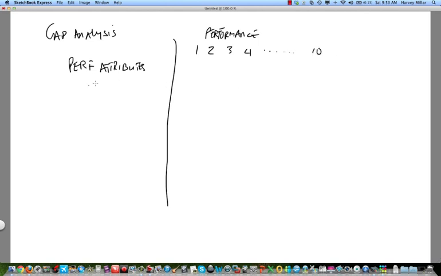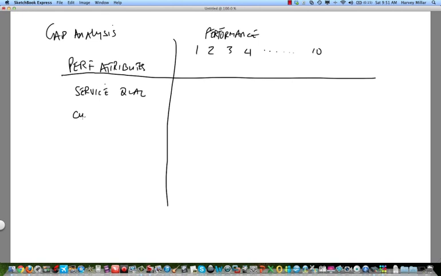And then our attributes could be as follows. Attributes could be service quality, maybe. We could look at our ability to customize.